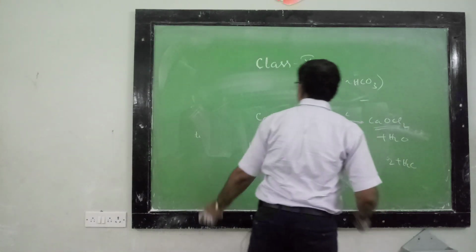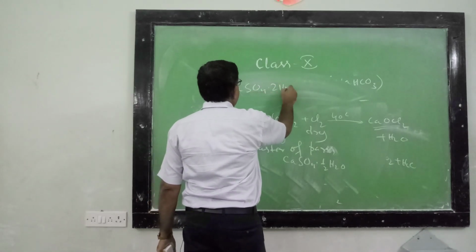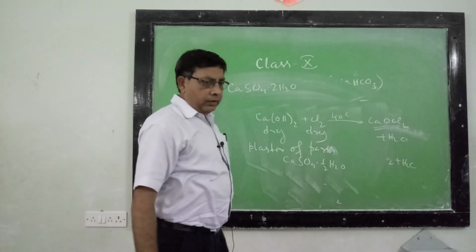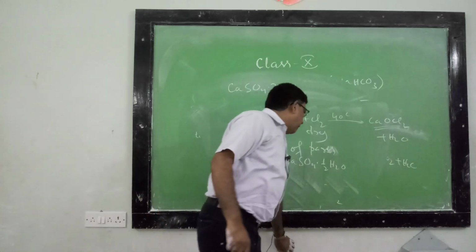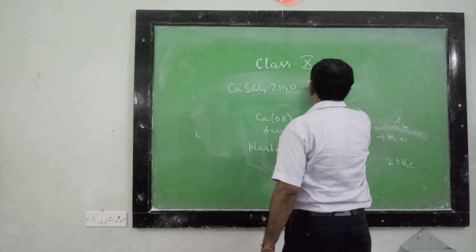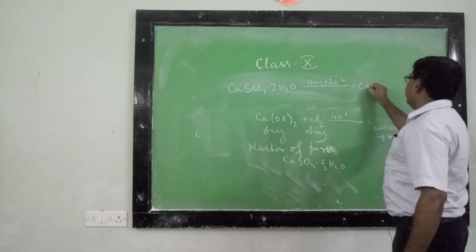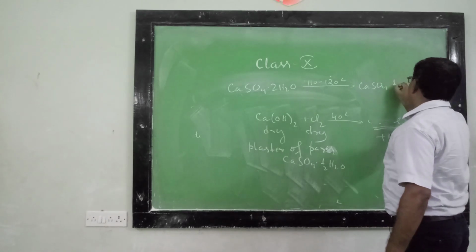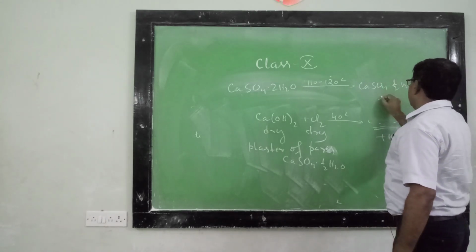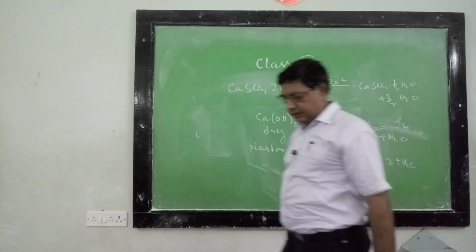Plaster of Paris is prepared by heating gypsum, CaSO4.2H2O, which is an ore of calcium. When gypsum is heated at a controlled temperature, mainly 110 to 120 degrees centigrade, it forms CaSO4.1/2H2O plus 3/2 H2O. This is known as plaster of Paris.